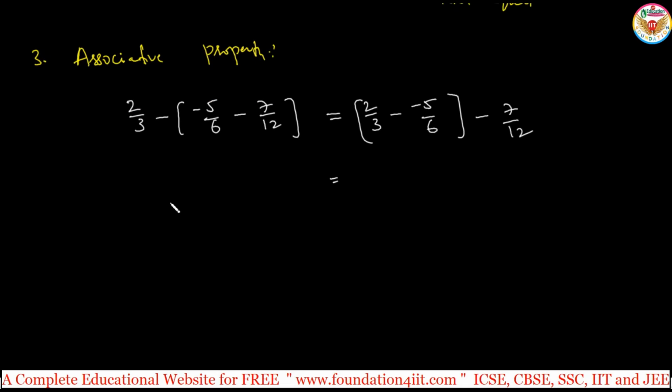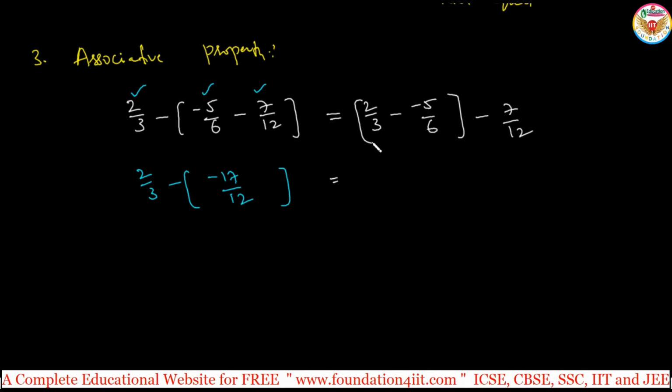Let us calculate with the three numbers 2 by 3, 5 by 6 and 7 by 12. Within the first bracket, 2 by 3 minus 5 by 6 minus 7 by 12: the LCM of 6 and 12 is 12, so we get 2 minus 10 minus 7, which is 17 by 12.